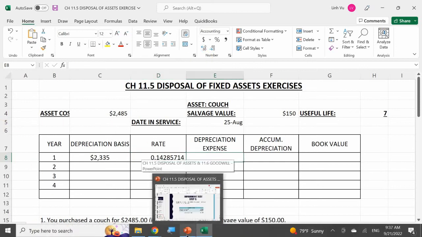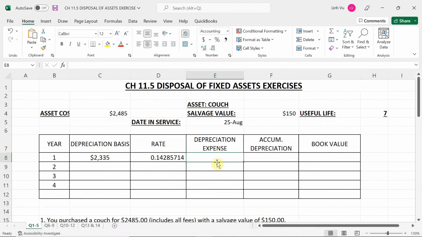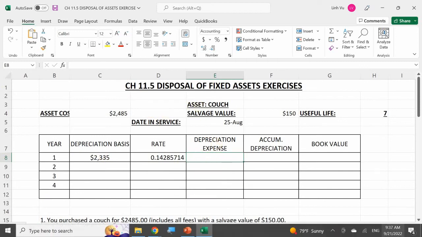This is straight line, so therefore I don't need to do it twice as much, right? Because that's double declining. So in this case, let's go ahead and solve for what my depreciation expense is for the first year.